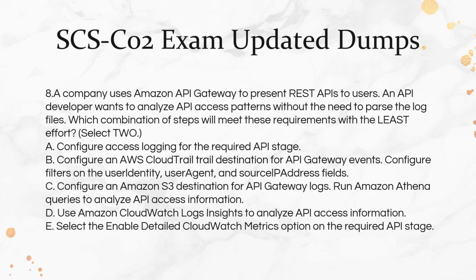Configure filters on the user identity, user agent, and source IP address fields. C. Configure an Amazon S3 destination for API Gateway logs. Run Amazon Athena queries to analyze API access information. D. Use Amazon CloudWatch Logs Insights to analyze API access information. E. Select the Enable Detailed CloudWatch Metrics option on the required API stage.